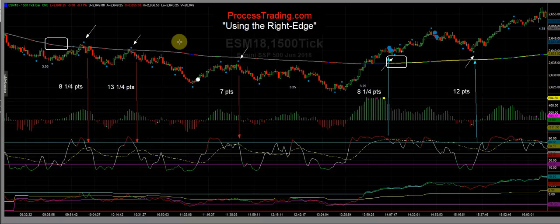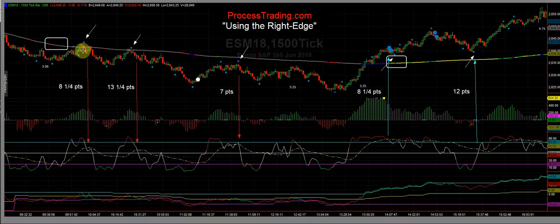Now, we take those trades either short or long using the Process Trading trade management techniques. When the VWAP line is gray, you can use any timing alert dot above the price bars. The technique is to look at the low of the bar that the timing alert dot is above, and place your order entry 2 points below that.